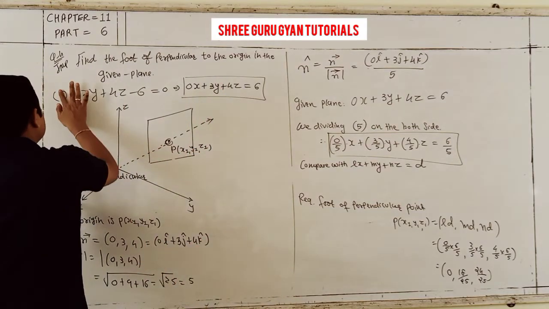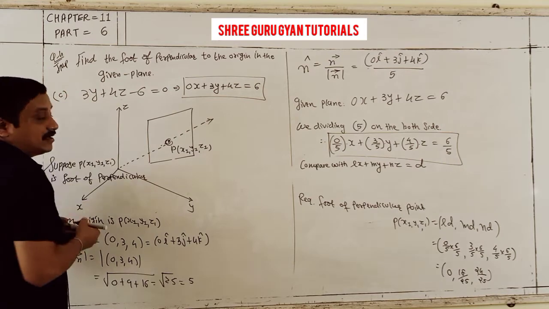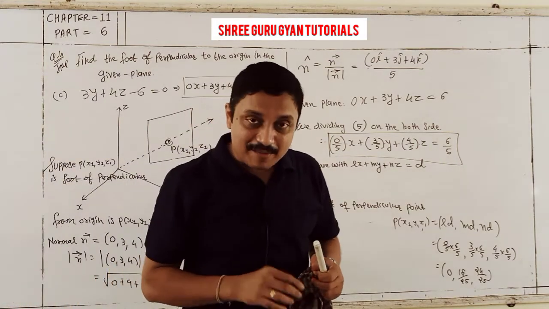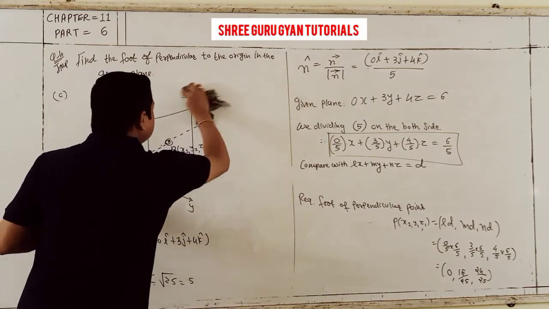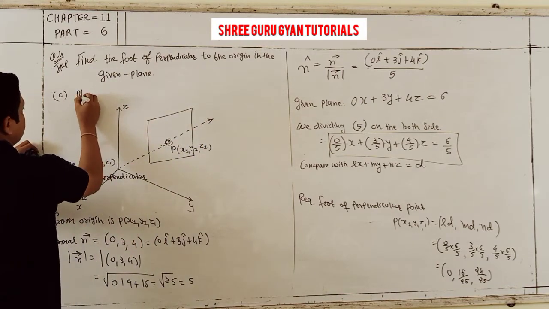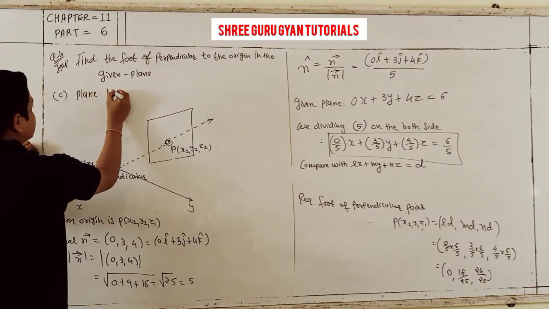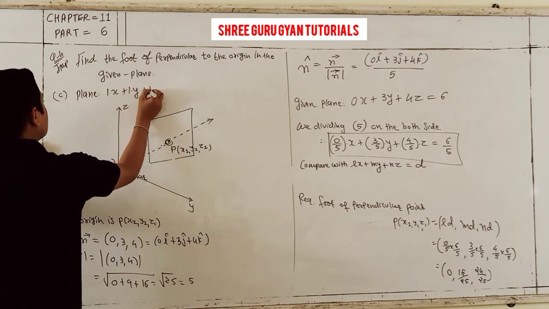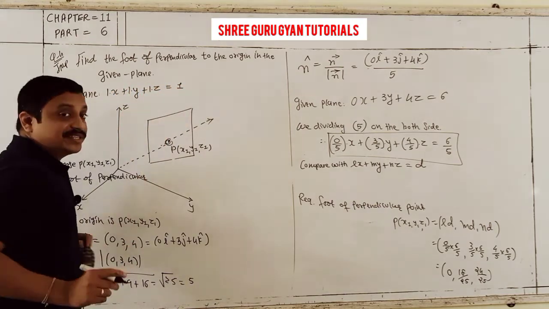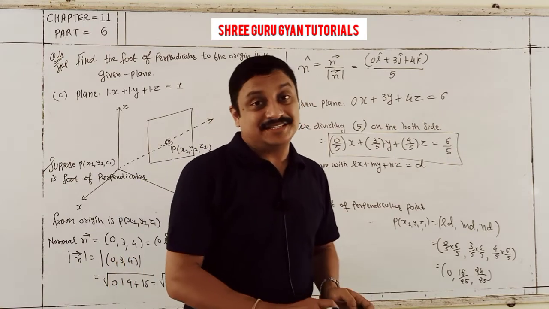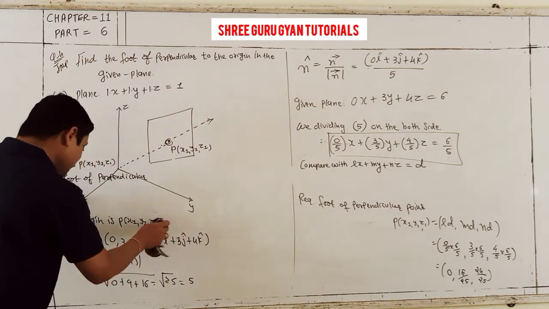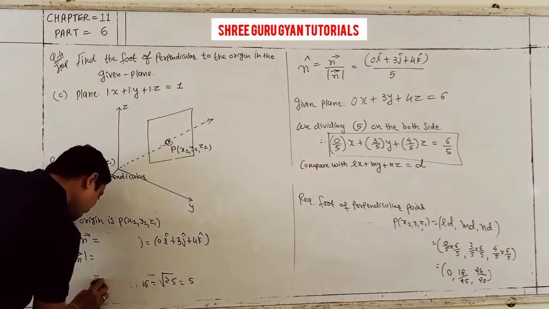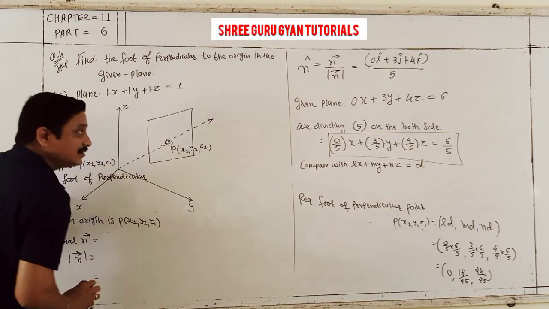Now question number three. The equation is x plus y plus z is equal to 1. Same, I write our plane as 1x plus 1y plus 1z is equal to 1. Similarly, students, the suggestion is same, the drawing is same, only you change the normal.